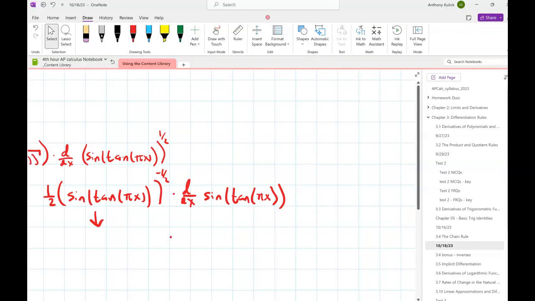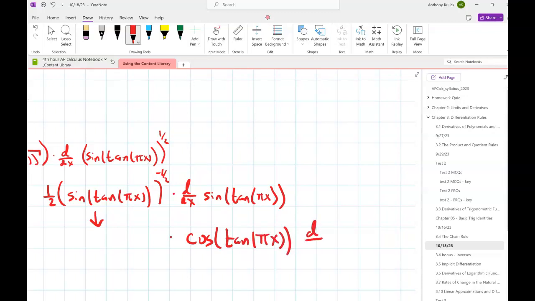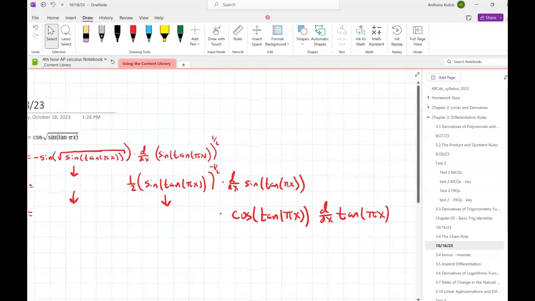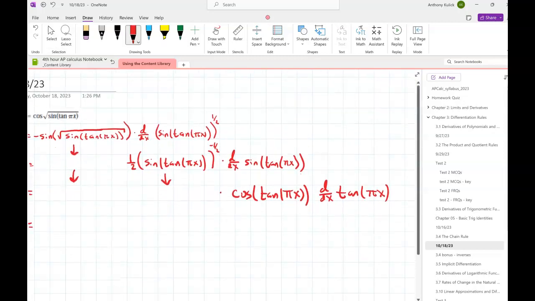The outer function here is sine x. The derivative of sine is cosine of the innards times the derivative of the innards. Again, that comes down, comes down, comes down.